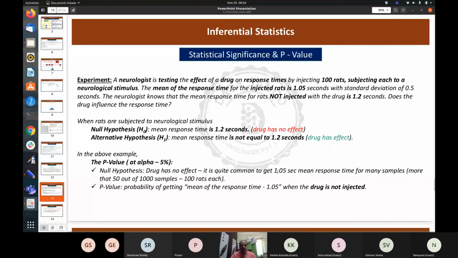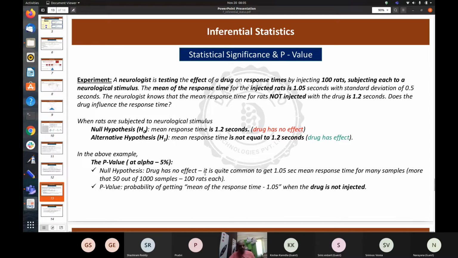It is quite common to get a 1.05 seconds mean response time for many samples, more than 50 out of 1000 or more than 5 out of 100. 1000 samples, 100 rats each. So null hypothesis mean response time is 1.2 seconds, which means the drug has no effect. That is the first point I'm saying indirectly.